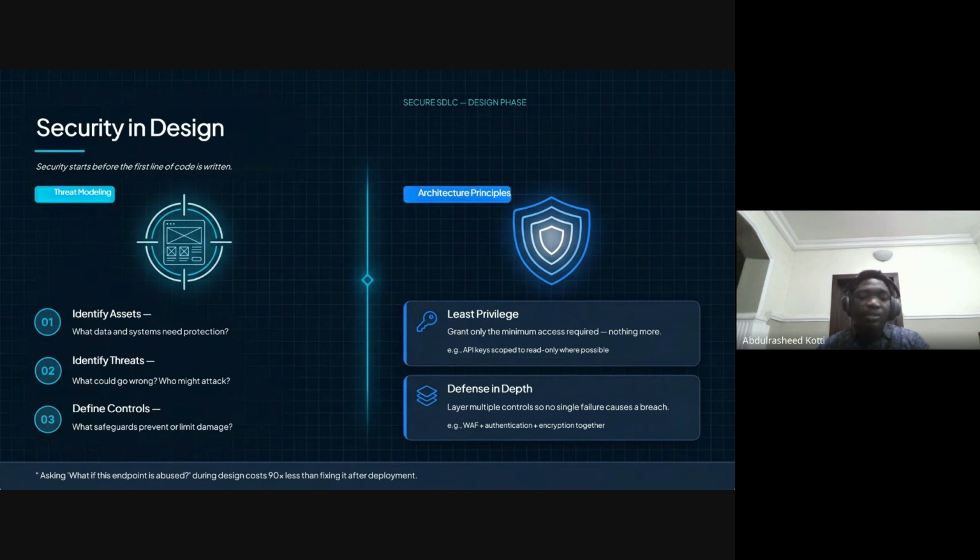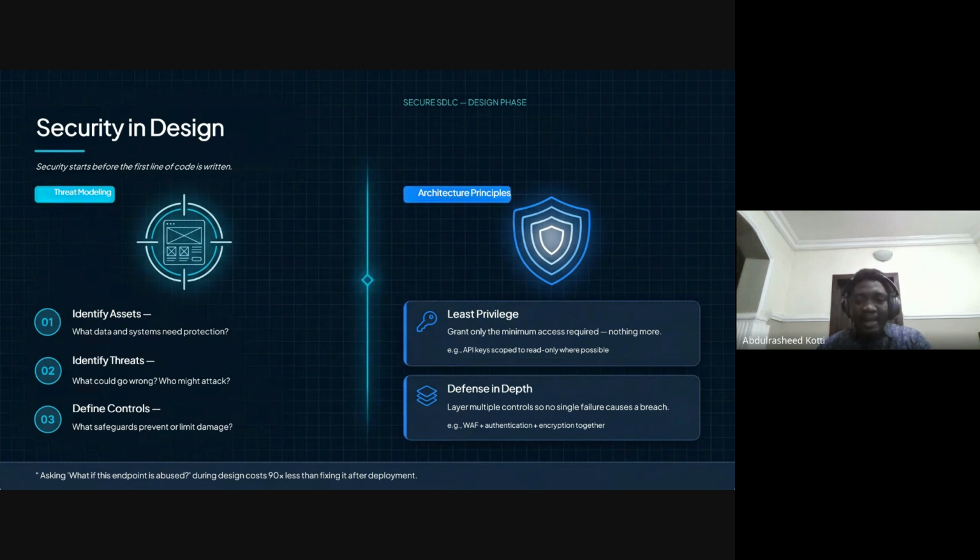Now let's look at two important things. First is least privilege. We need to give users only the access that they need. Nothing more, nothing less. Give them access to only what it is that they need to use for work.